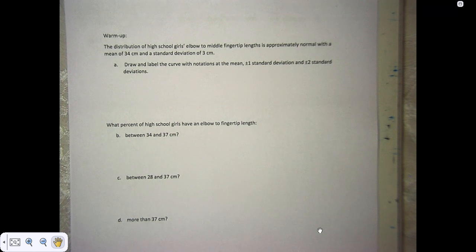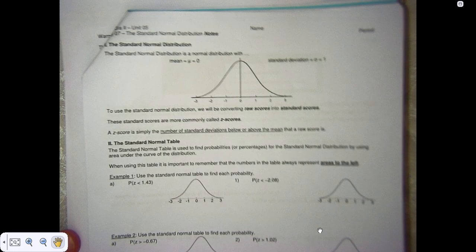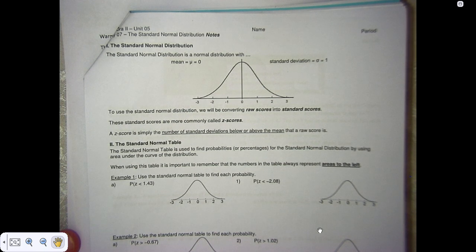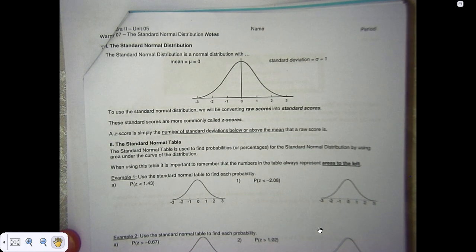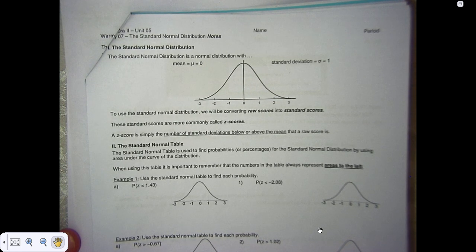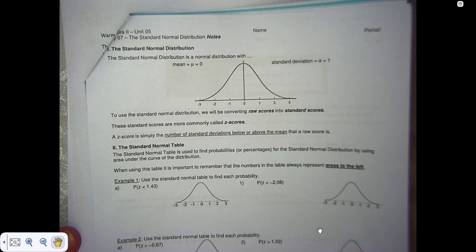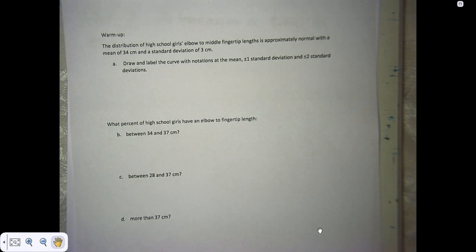We'll also need your standard normal distribution notes for day 7. I'm going to be going over those, and they should be attached to the Google Classroom assignment that this video is also attached to. So if you don't have those, you can print them out. You can reference them. But first, let's go through this warm-up.